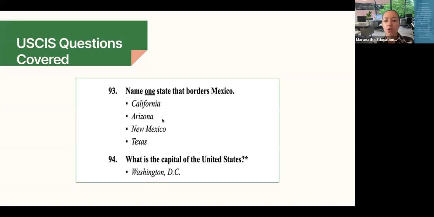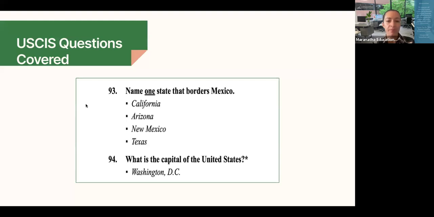Choose from these 4 states the one that is easiest for you to remember. For me, California is the easiest state to remember. For other people, it could be New Mexico, given that the question has the word Mexico on it.